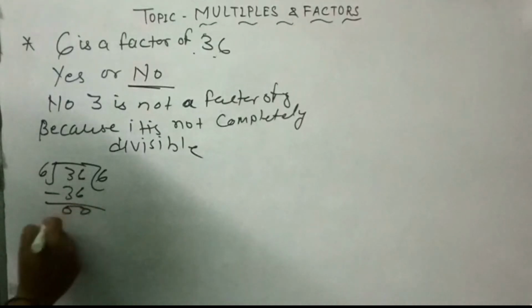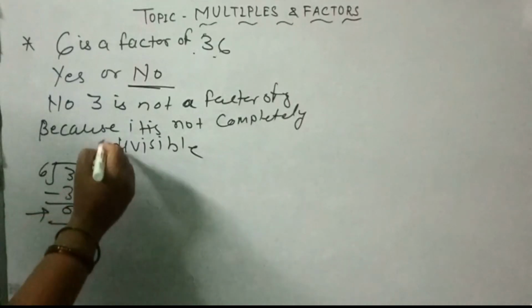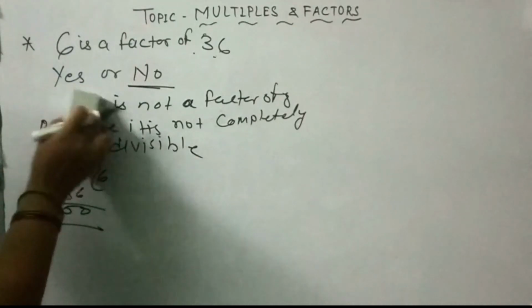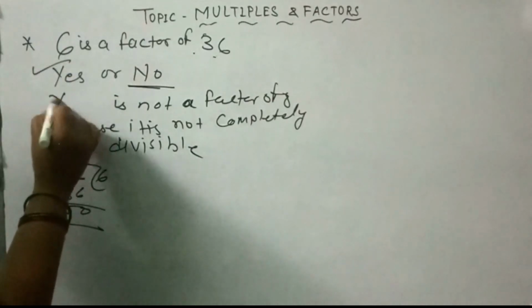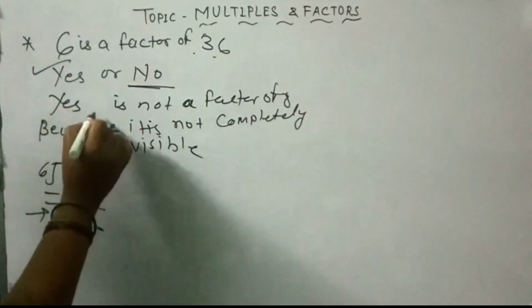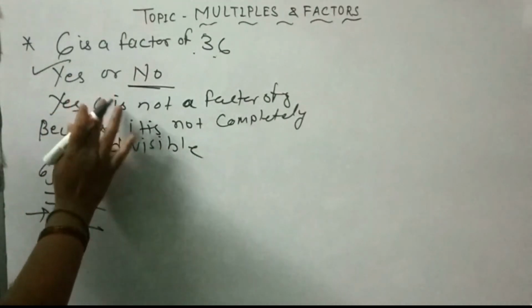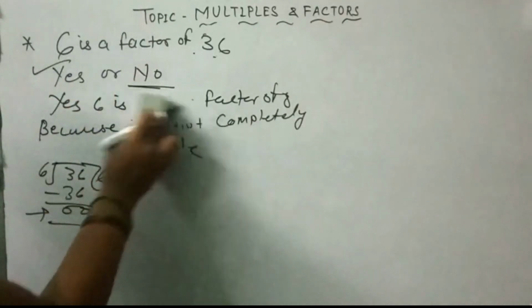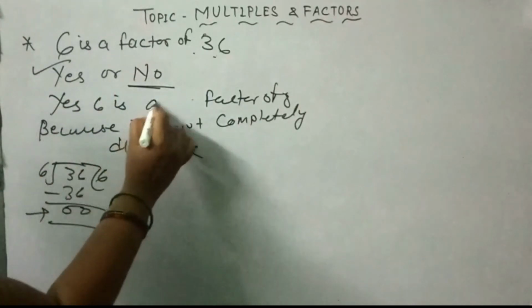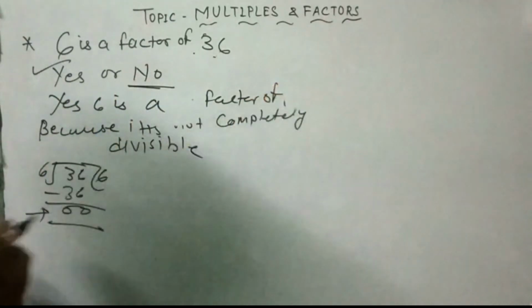The remainder is 0. That means yes. Which is the correct answer? Yes. 6 is a factor of 36.